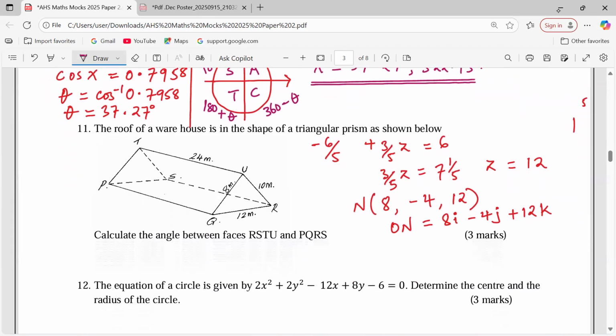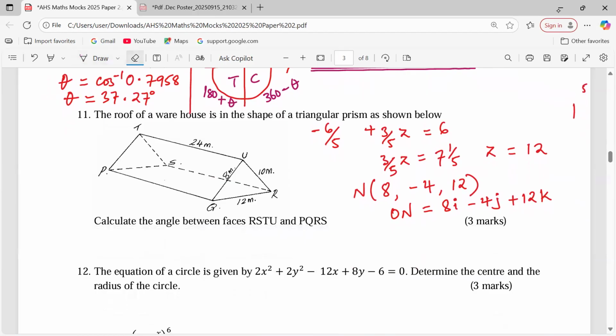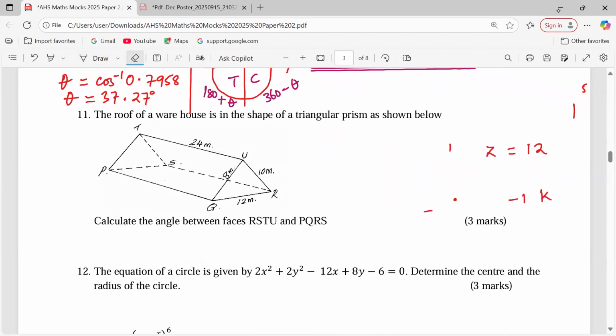Number 11 now. Number 11 is on three-dimensional geometry. Again, a very good question. So let's look at it closely.